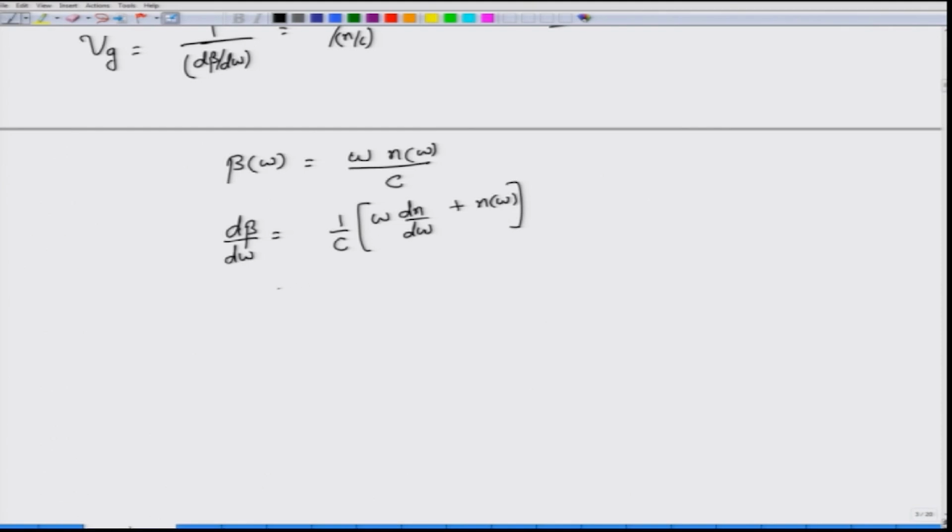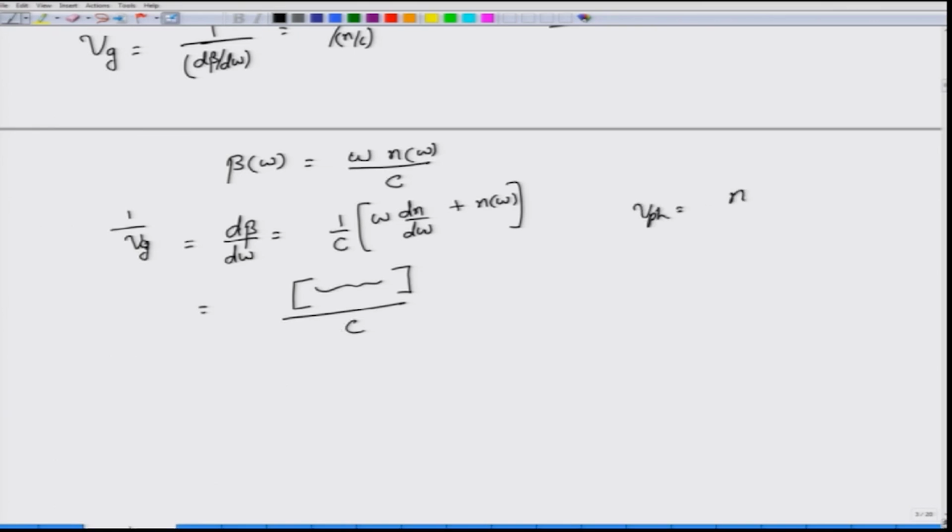So, you see here that this d beta by d omega is actually given by 1 by group velocity, correct. So, group velocity is d omega by d beta, but 1 by group velocity is this one.